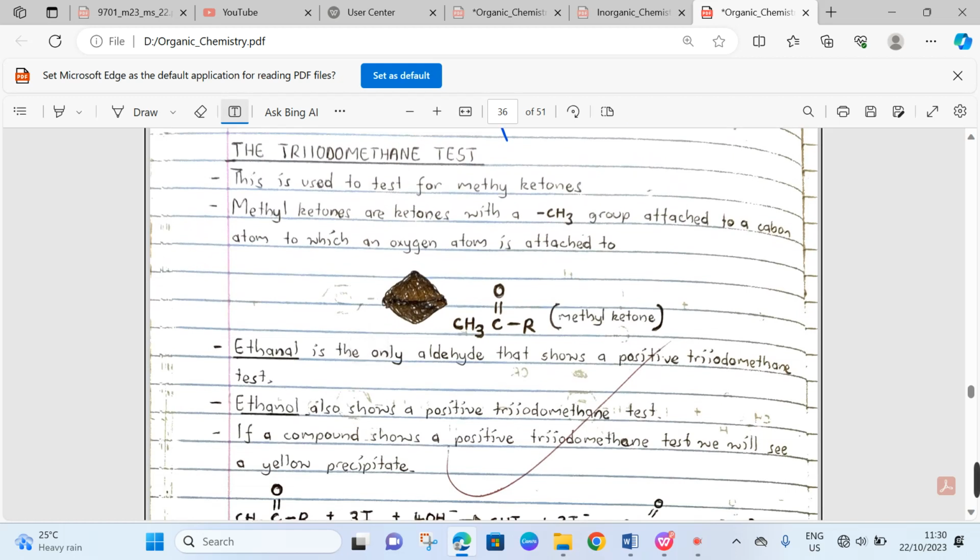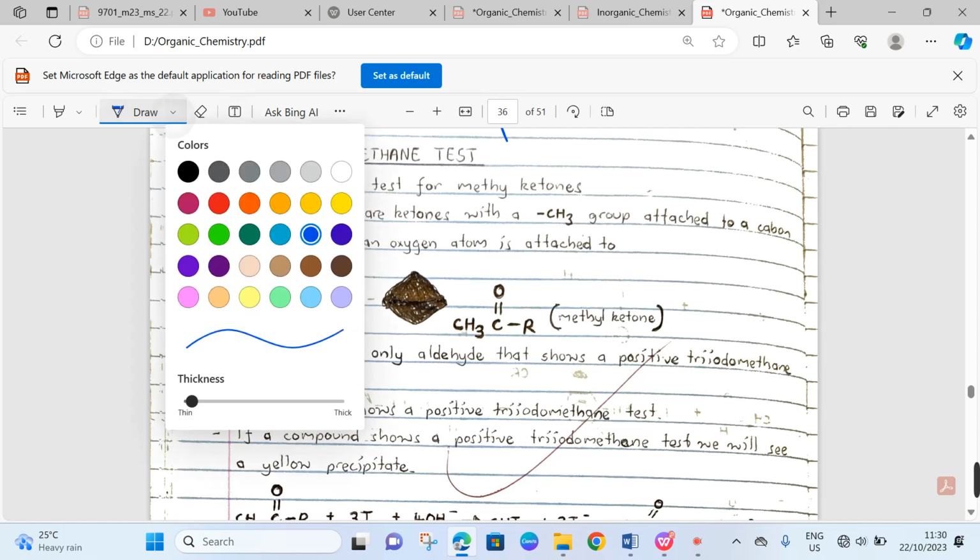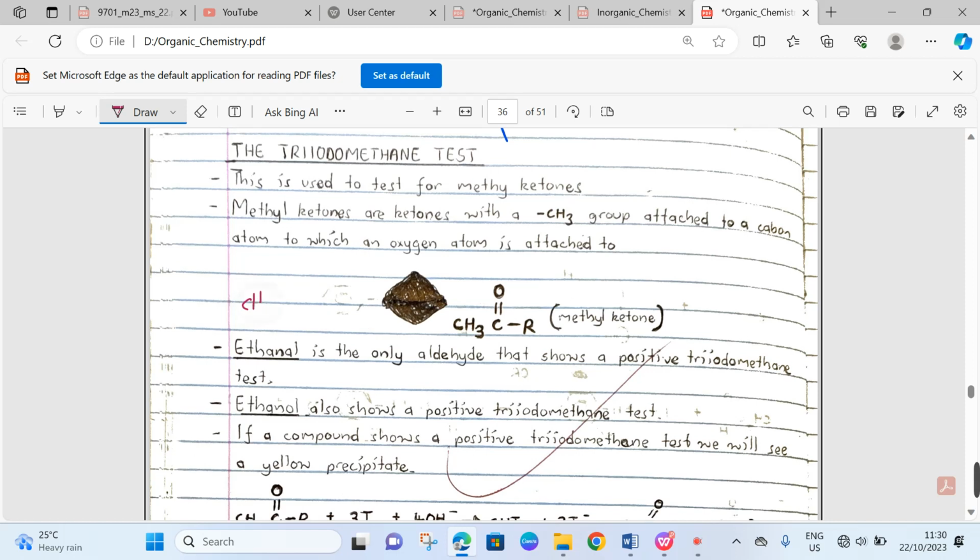The triiodomethane test. We did this triiodomethane test in the previous video as well, when we spoke about methyl alcohols. But it is also useful for methyl ketones.